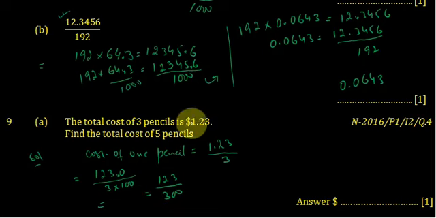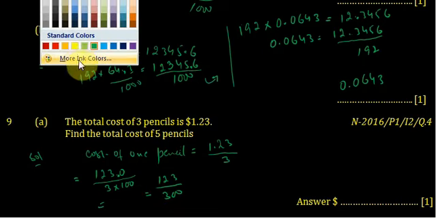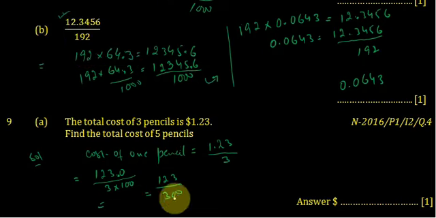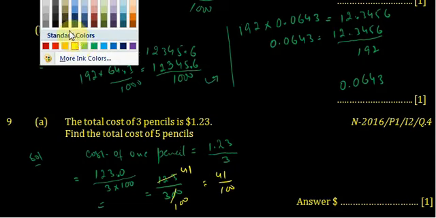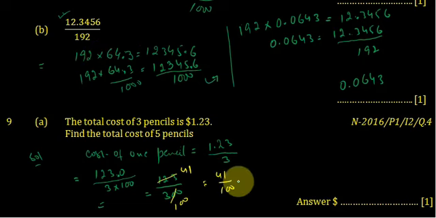Now we can do some manipulation here, just as we did before. 3 ones are 3, 0 0, 3 fours are 12, 3 ones are 3. So it is 41 upon 100. It is the cost of 1 pencil, and we are looking for the cost of 5 pencils. So it must be multiplied by 5. 41 multiplied by 5: 5 ones are 5, 5 fours are 20, divided by 100.